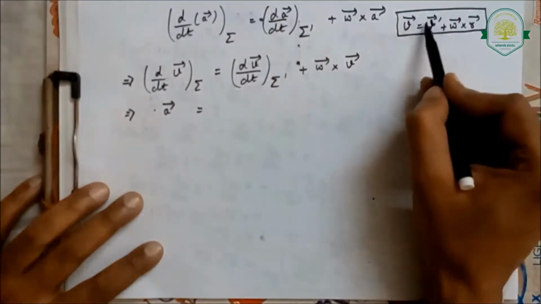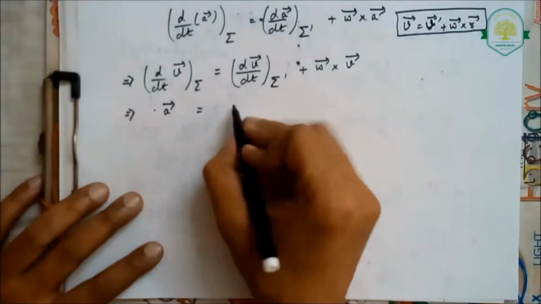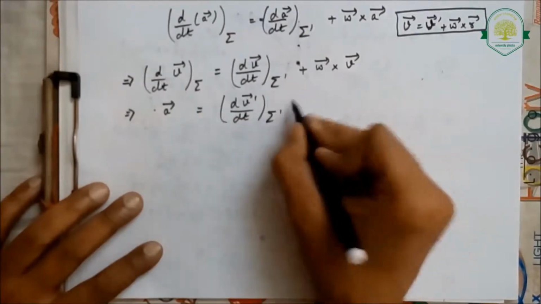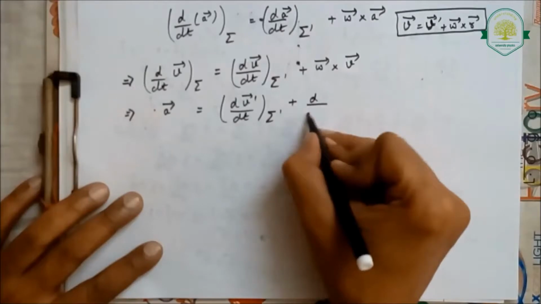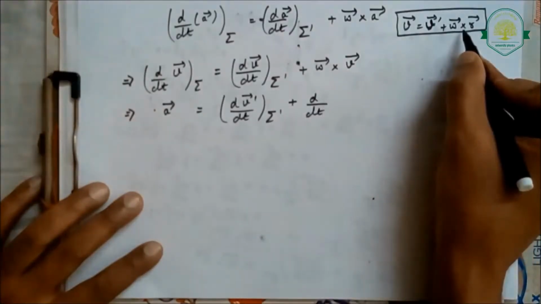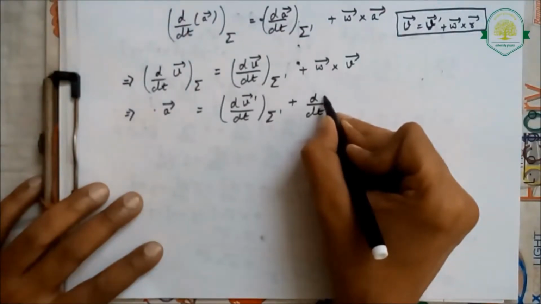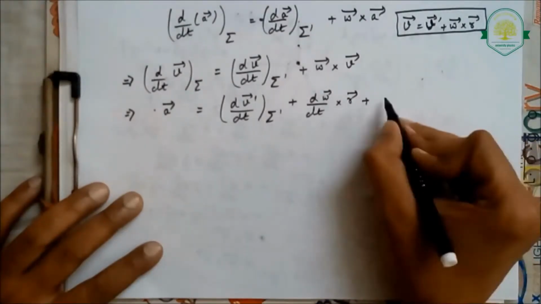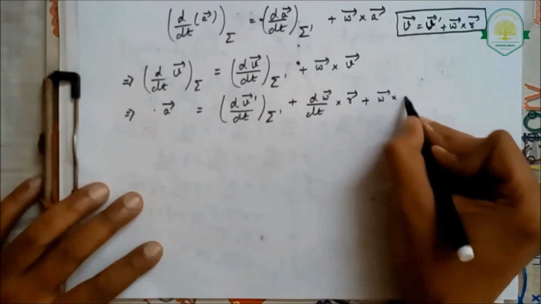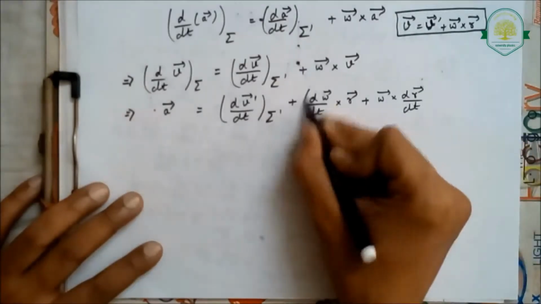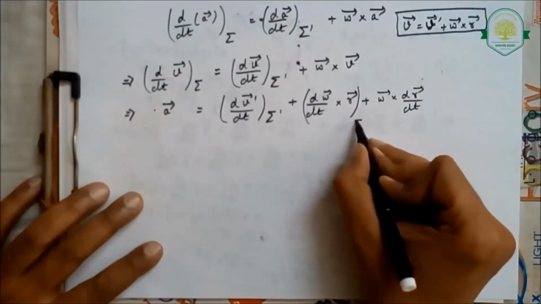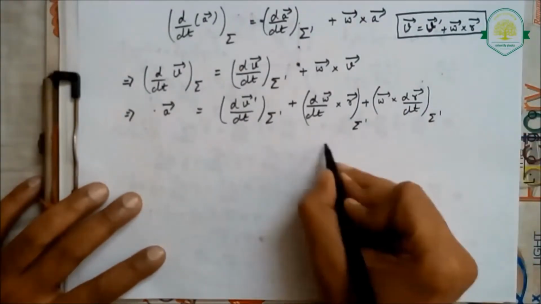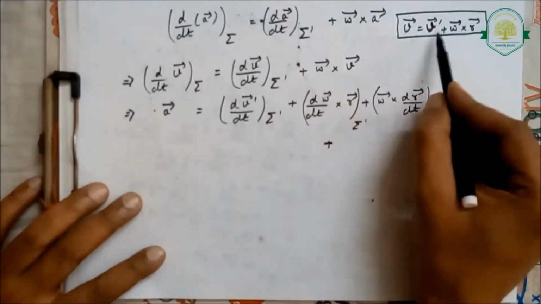In place of V, let me substitute this V primed plus omega cross R, so I get dV primed over dt in sigma primed plus d over dt of omega cross R, which can be written as d omega over dt cross R plus omega cross dr over dt, both these differentiations having been done in the sigma primed frame of reference, plus omega cross V. In place of V we can substitute this.